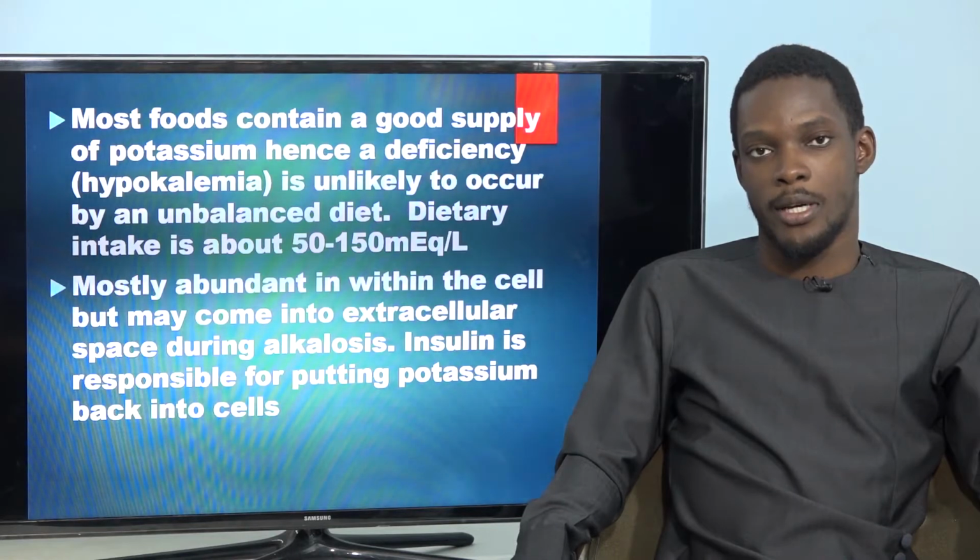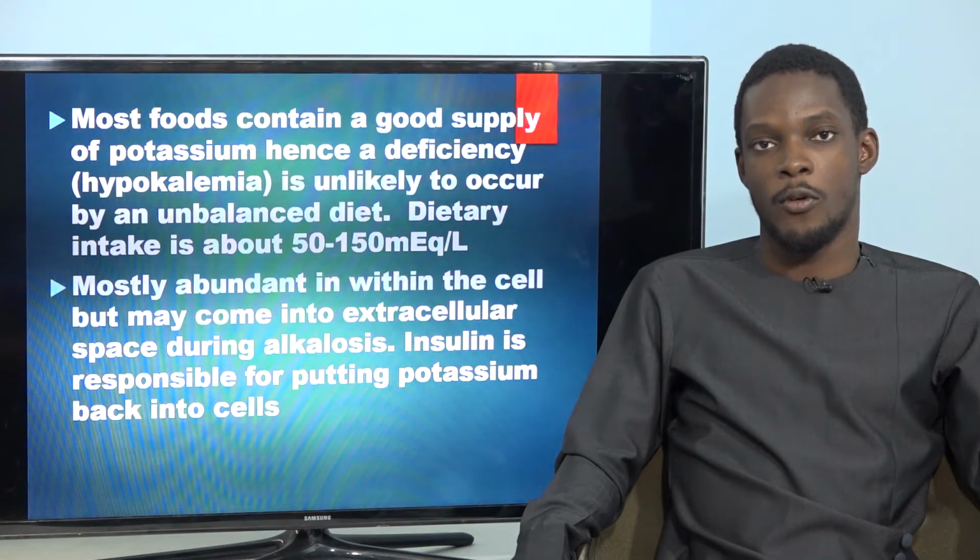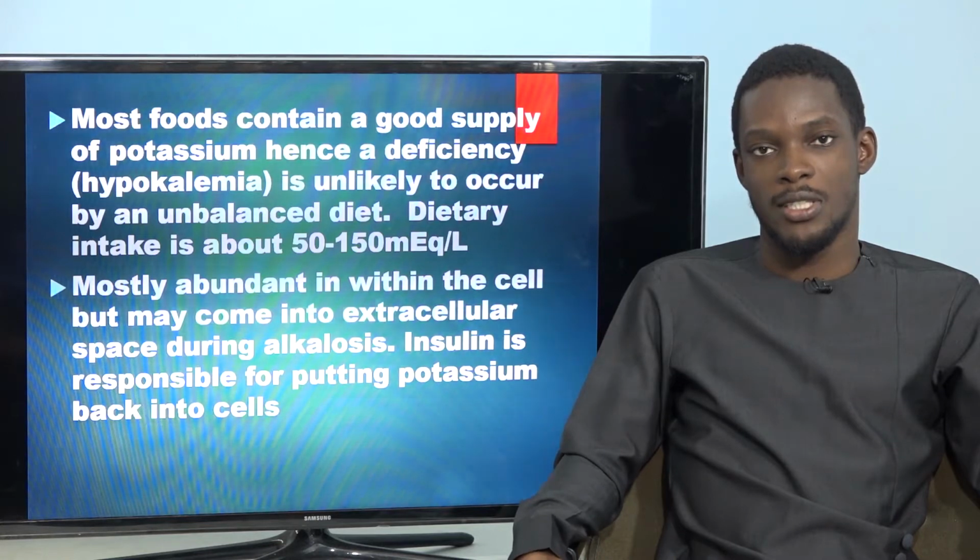One has to remember that the normal potassium level in the body is about 3.5 to 4.5 milliequivalents per liter, and that is what is needed for the body, and hence it is not necessarily every bit of potassium taken in dietarily that is used by the body. Most of it is excreted.